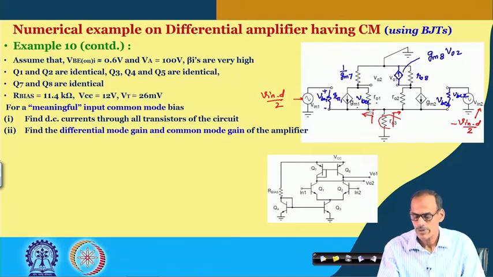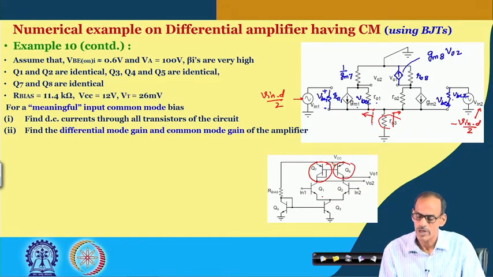The impedance looking into the source of transistor 1 is smaller, primarily because at its collector we have a smaller resistance. In fact, there may be a detailed calculation by which you can find that this voltage is tilted towards Vin,d by 2 compared to minus Vin,d by 2.